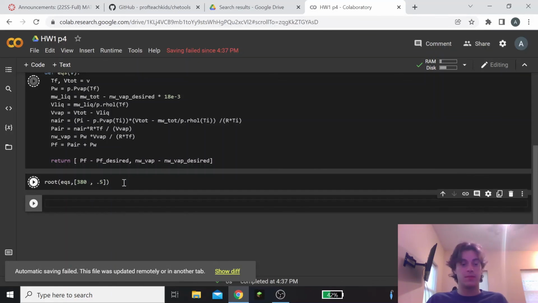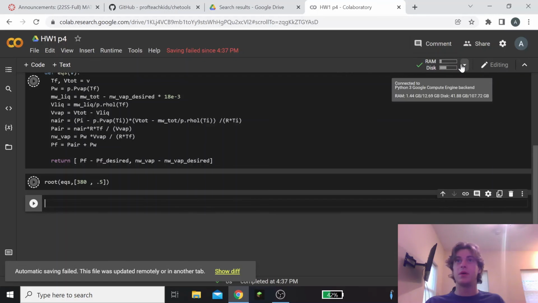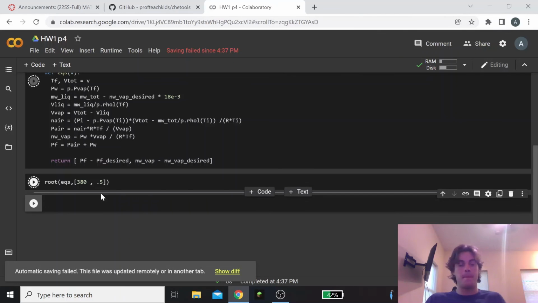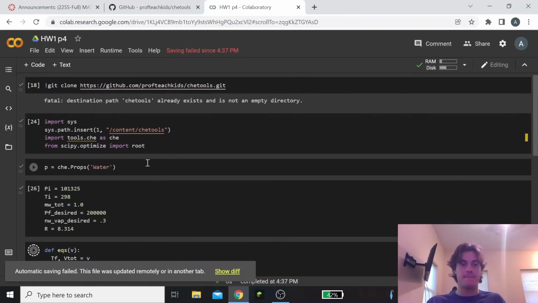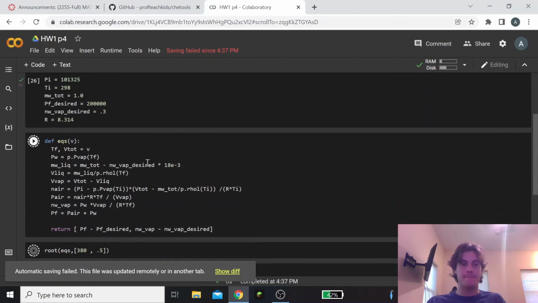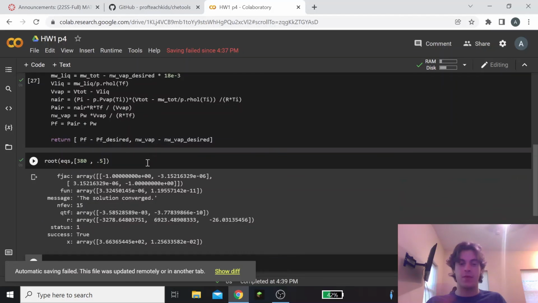And let's run this. Wait for it to run. Seem to be having a small issue here. I'm not sure why. We have no other tabs open. Let me see if I try closing this. And there we go. That just took a second.